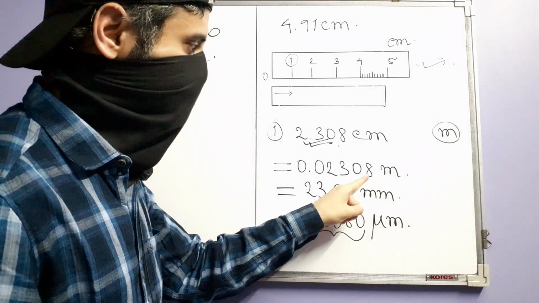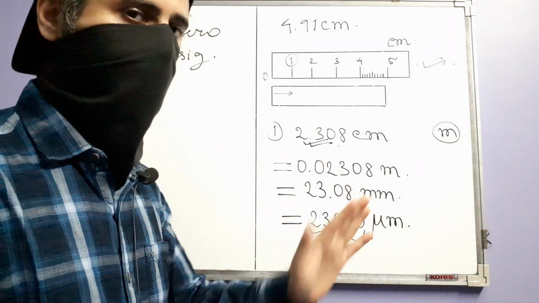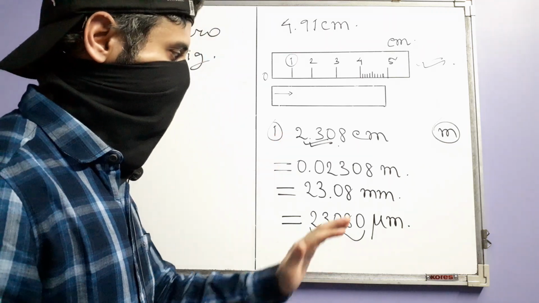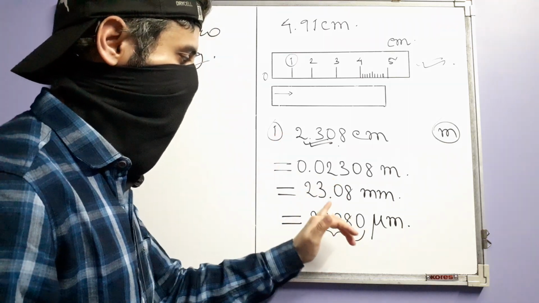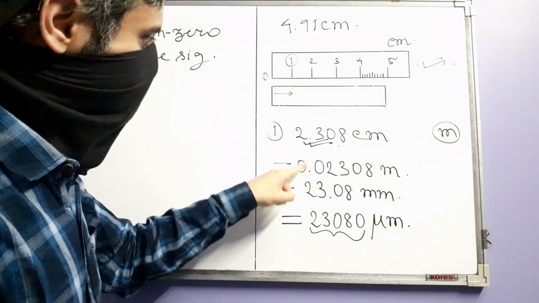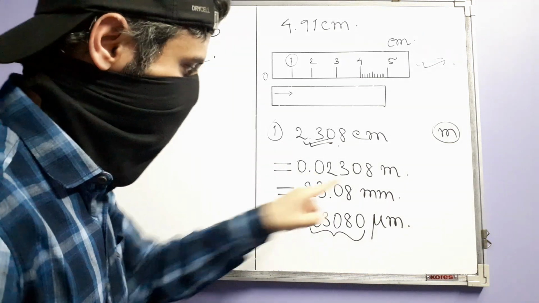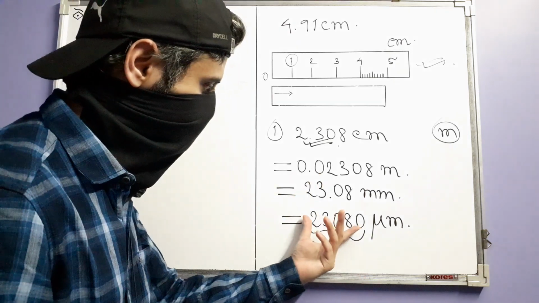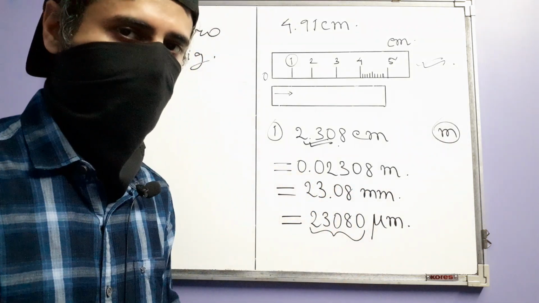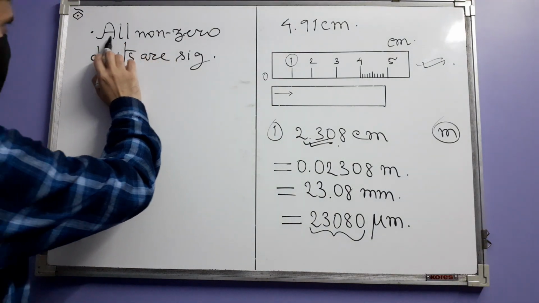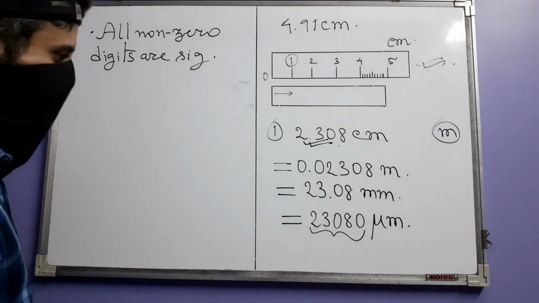So either you multiply by a power of 10 or divide by a power of 10. The result of that won't really give you any new non-zero digits. Only the zeros change, or you may have a decimal point. That is why it seems reasonable to make this rule that all non-zero digits are significant.